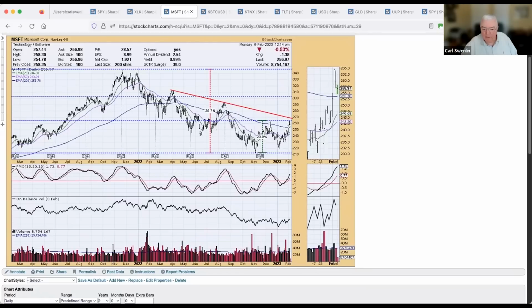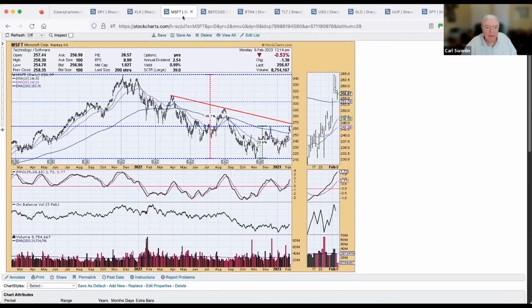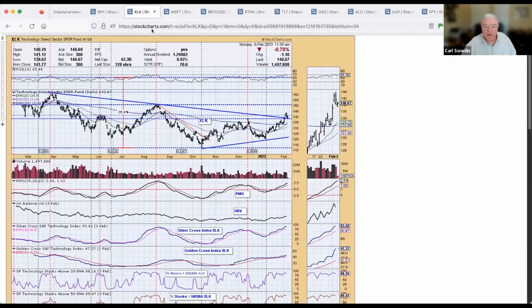Microsoft, just like all the rest, had a nice rally last week, and it's pulling back. We're not seeing anything here that's saying everything's going to fall apart. And if it's going to happen, it's probably going to be led downward by the big tech stocks, and I don't see that in the works right at this time.